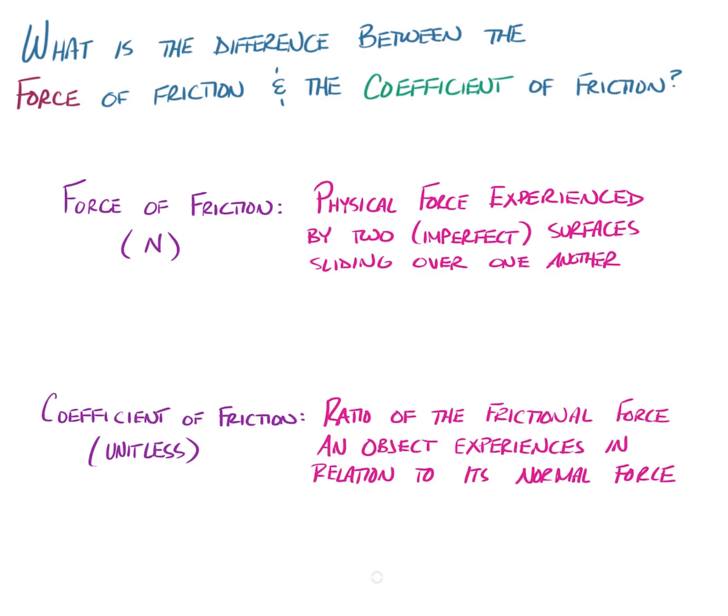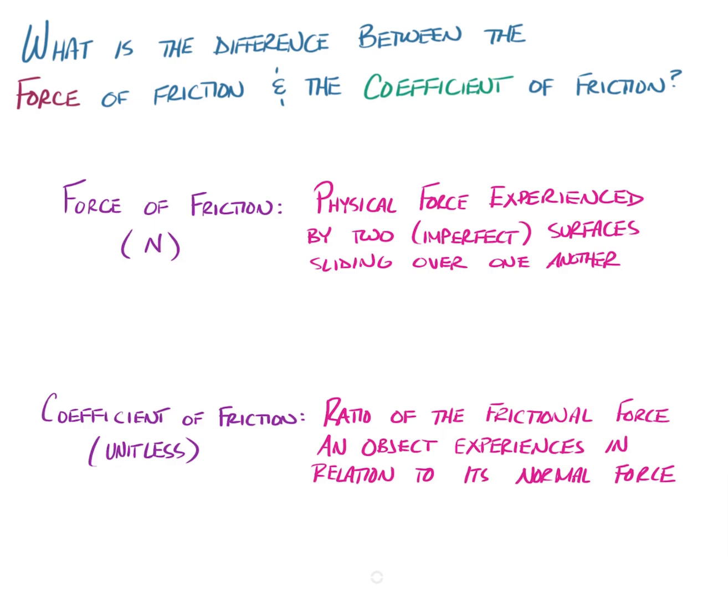So the force of friction and the normal force are related, because when the flat surface pushes upwards on the box or your foot or whatever, it drives those imperfections together. As normal force goes up, the force of friction also goes up. So there's a relationship there, and that's what the coefficient of friction is.